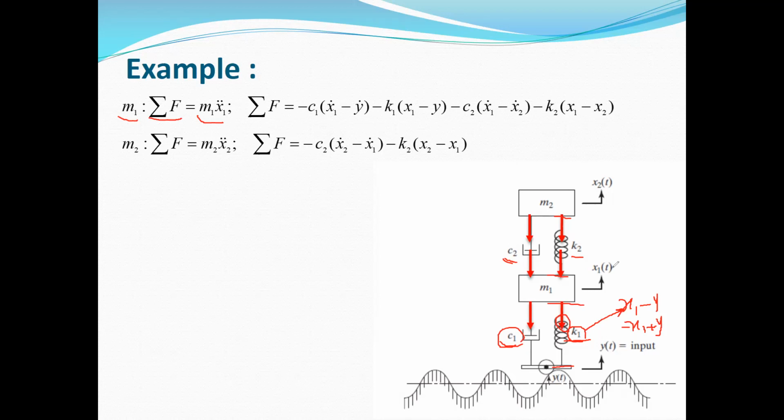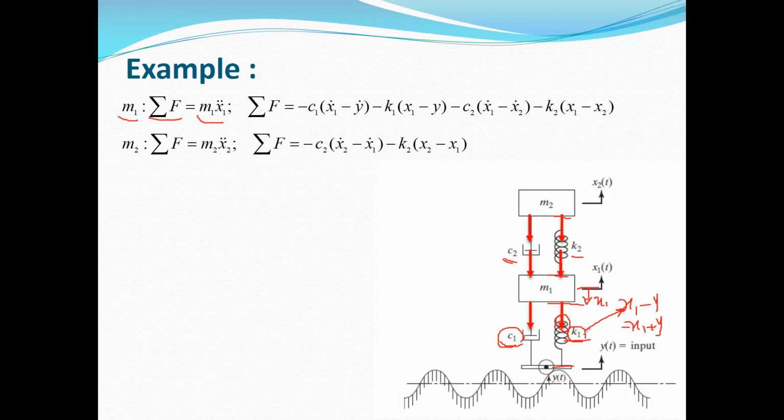But if you assume that x1 was in this direction, then to calculate the force in the spring K1, it would be K1 multiplied by (x1 plus y), because both edges, according to this displacement, would be under pressure and compressed from both sides.